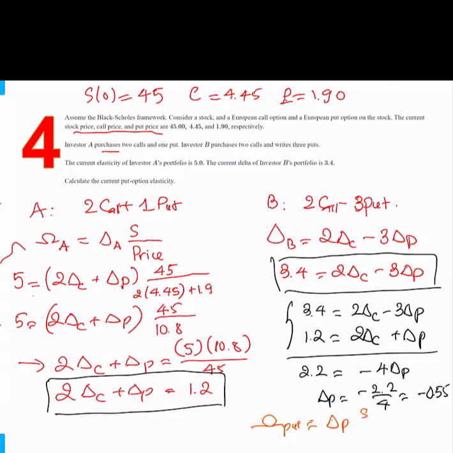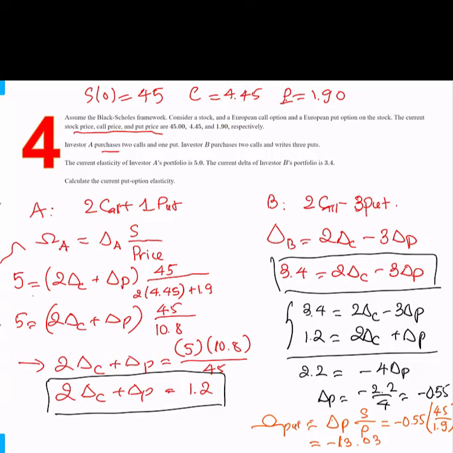Omega put is equal to delta put times the current stock price over the price of the put option, which is P. So it should be negative 0.55 times 45 over the price of it, which is 1.9. It should be minus 13.03.